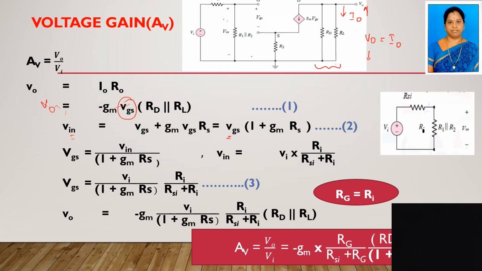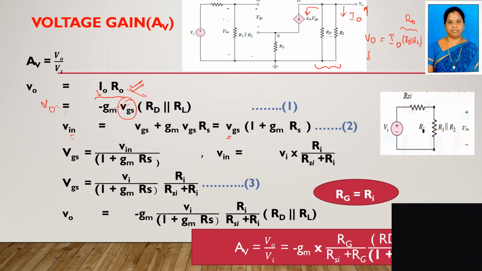So V0 equals I0 into RD parallel to RL, which is nothing but R0. That's why we have written V0 equal to I0 into R0. We know what I0 is: it is gm into VGS. Here the current is coming this side, gm into VGS, but I0 is going the other side, so it is the opposite direction. That's why I0 equals minus gm into VGS. We have to substitute.